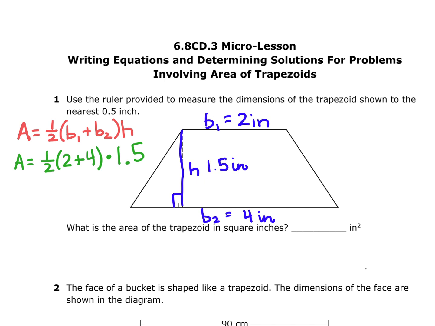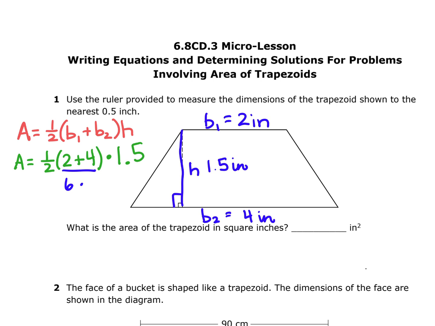All right, now the one thing that I like to do is, because multiplying by 1/2 is exactly the same as dividing by 2, I like to divide it by 2, okay? So we know GEMDOS here, we've got to follow our order of operations. What we're going to do first is add 2 plus 4. 2 plus 4 is 6, okay?